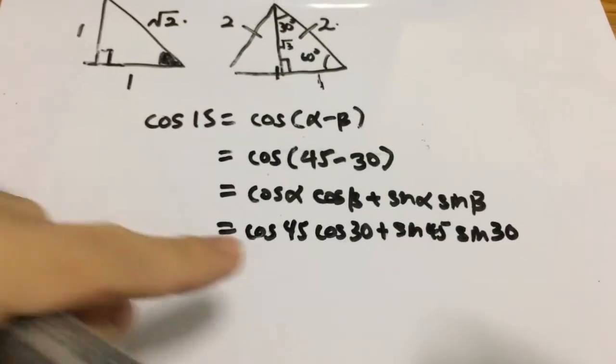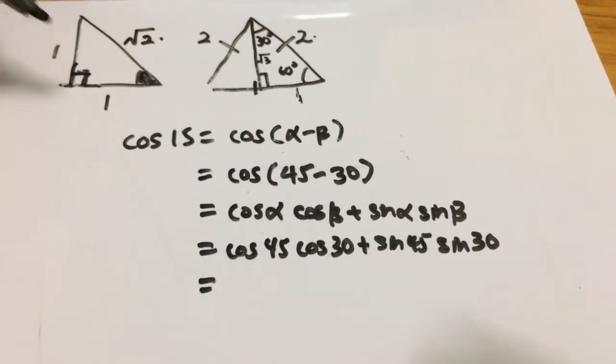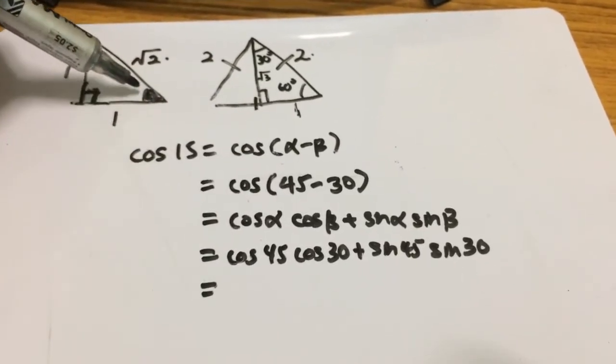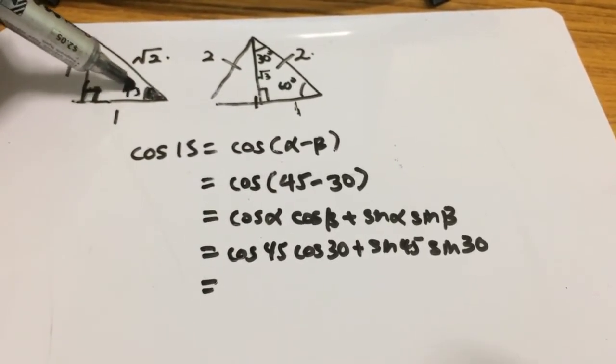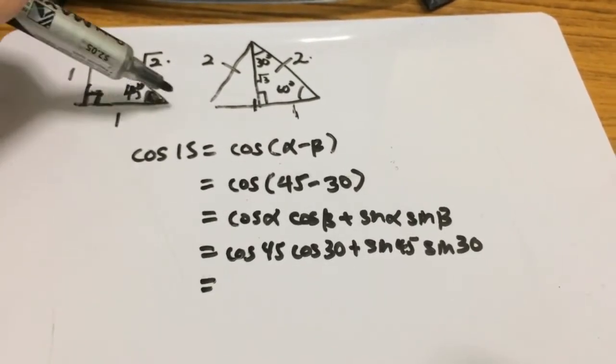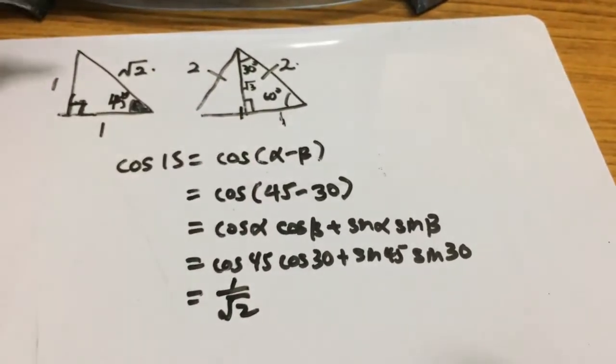And after that we can simply make use of this very helpful right angle triangle as well as the equilateral triangle. So here we go. Cosine 45, this is 45 degrees, so cosine 45 is adjacent, which is 1, over hypotenuse, which is square root 2, so it's 1 over square root 2.